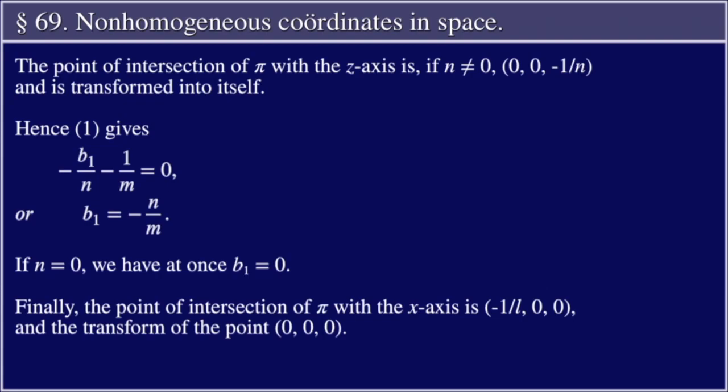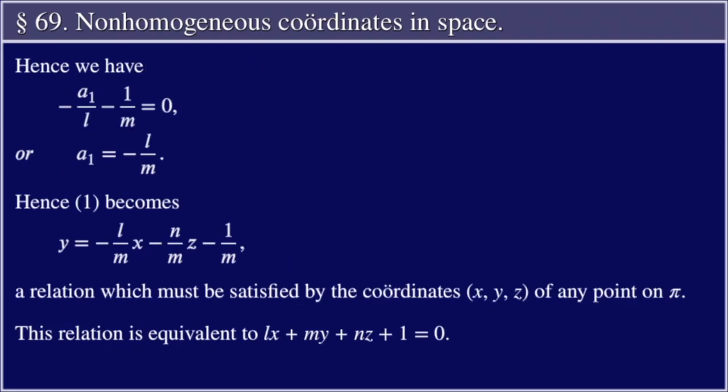Finally, the point of intersection of pi with the x-axis is -1/L, 0, 0, and the transform of the point 0, 0, 0. Hence we have negative a sub 1 over L minus 1 over m is equal to 0, or a sub 1 is equal to negative L over m.